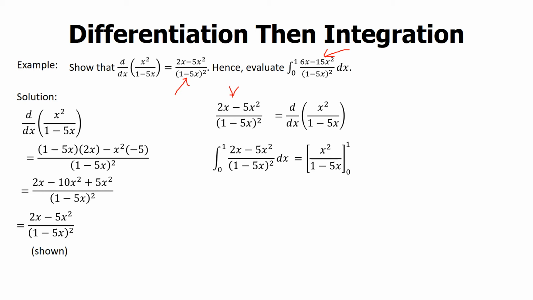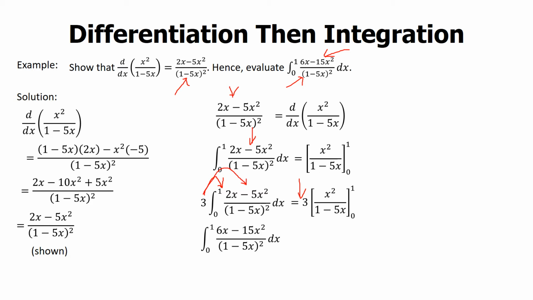Do notice that this integration is not the same as the one given. So what I need to do is multiply a 3 here, multiplying 3 on both sides, I will also get 3 times x squared over 1 minus 5x from 0 to 1.